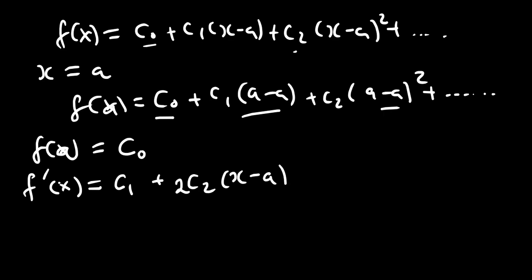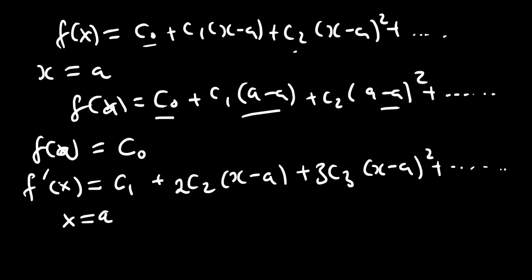For the term that follows, that will be 3 c3 times x minus a to the power 2, and it continues like that. Now if I substitute x equal to a, every term with x minus a becomes 0, meaning f prime of a is just going to give me c1.